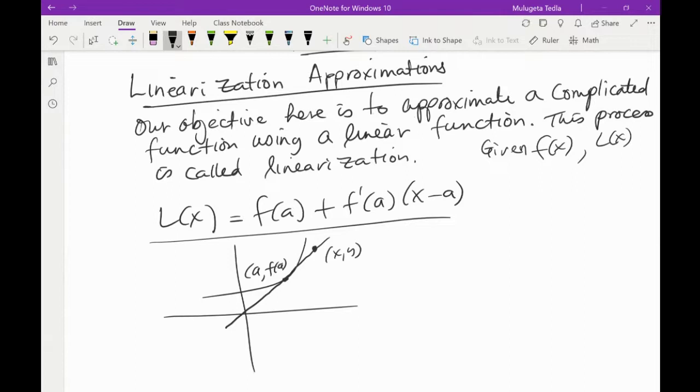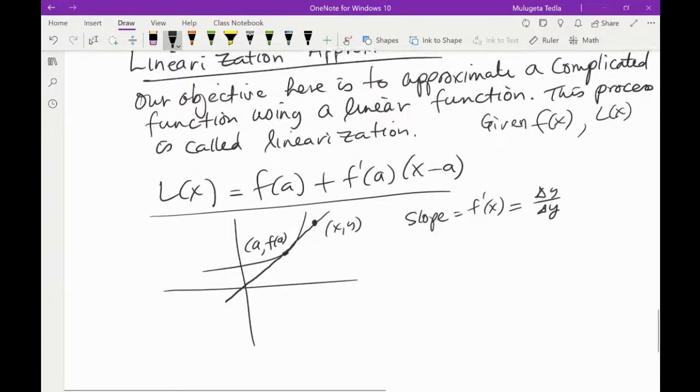Using the values of x and y, what is the slope? The slope of the tangent line is f prime of x, the derivative, right? And then what is the change in y over change in x? We're going to equate it. The slope f prime of x at a would be f prime of a.